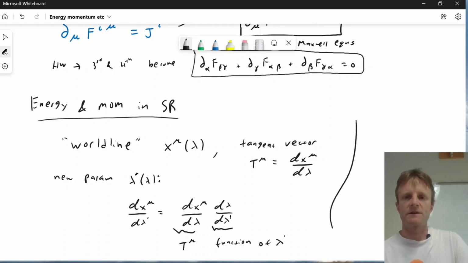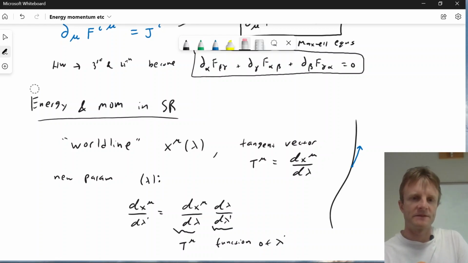Okay, so you think of the curve as something like this, but you could have two different tangent vectors, which we'll draw loosely as two arrows of different lengths. I don't want to confuse you with a prime, so maybe instead of lambda prime, I'll just call it sigma.